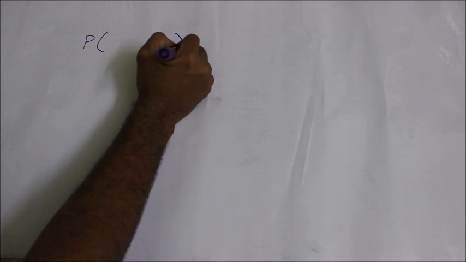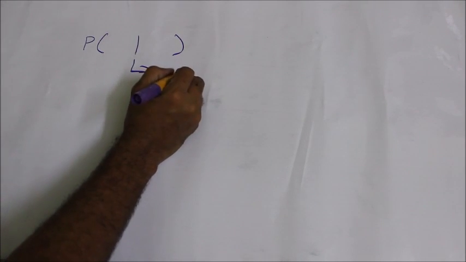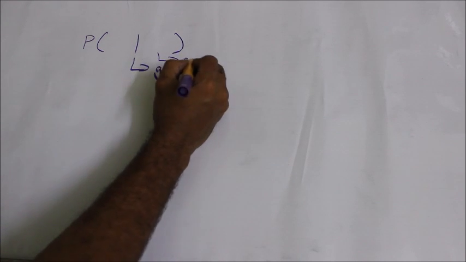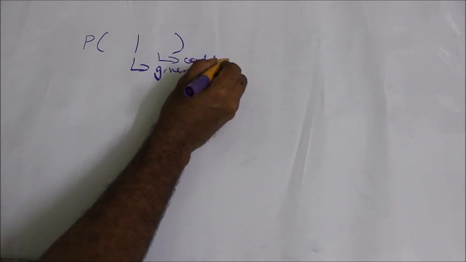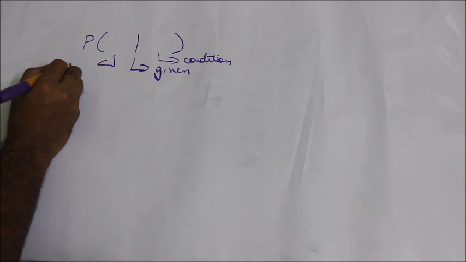So just summarizing what we've done in the lesson so far, we saw the notation, where what is given is indicated as the condition, and you also have the event that you're interested in.